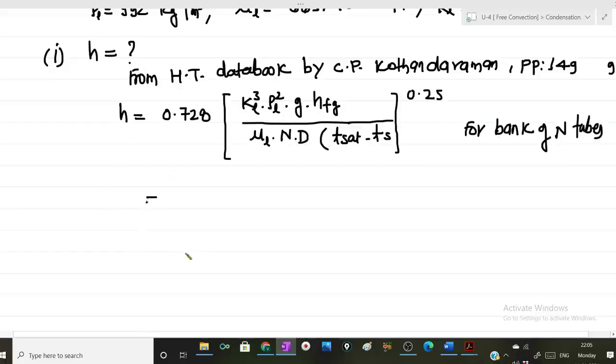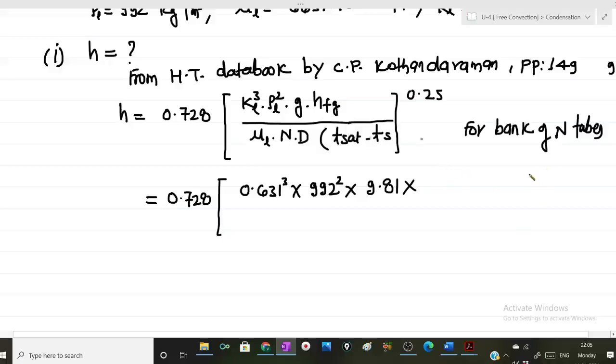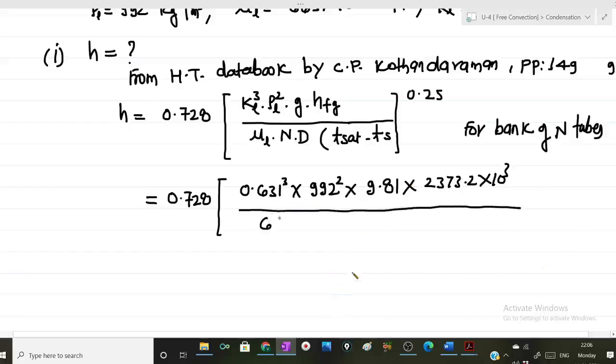So after putting the values: 0.728, KL is 0.631 cube, into 990 square, into 9.81, and this HFG is to be considered in joule per kg, 2373.2 into 10 to power 3, over mu L is 663 into 10 to power minus 6. N is number of tubes in column or row.